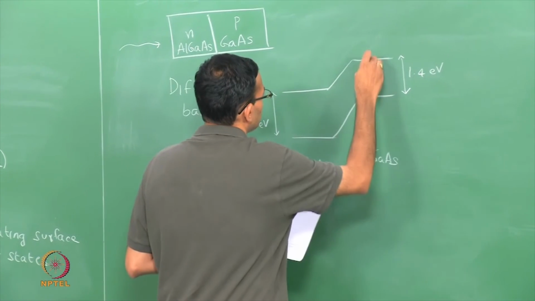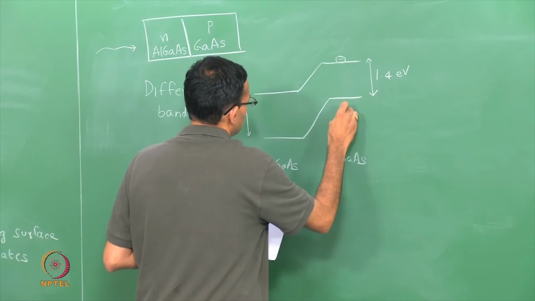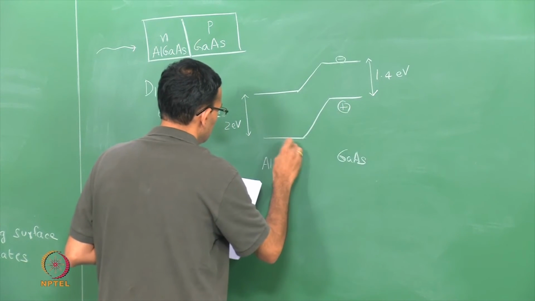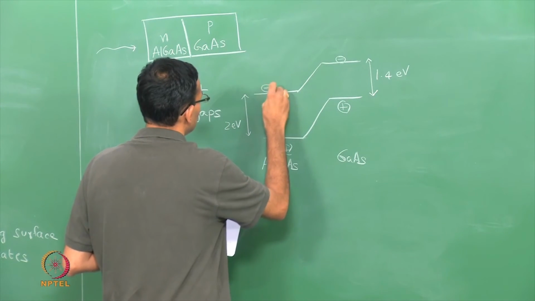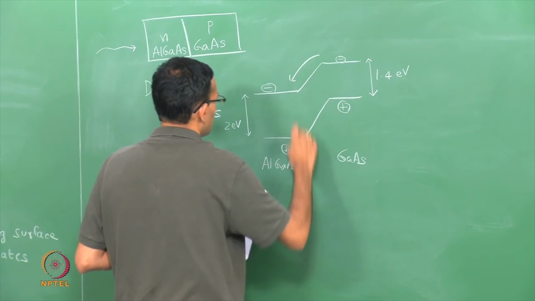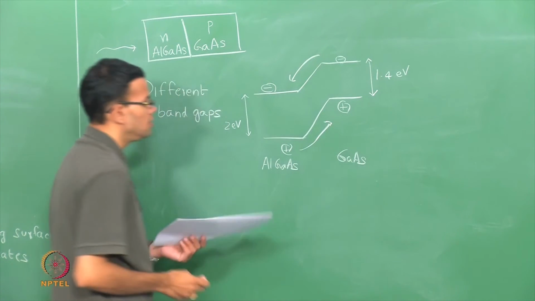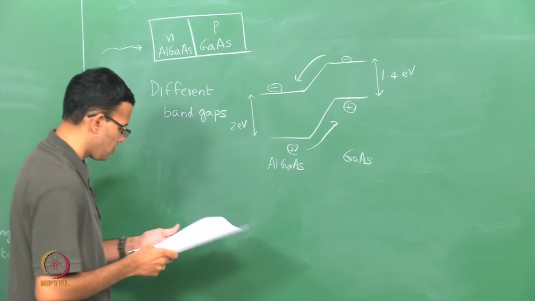So, any electron hole pairs that are generated can be easily separated, and this gives rise to a current.